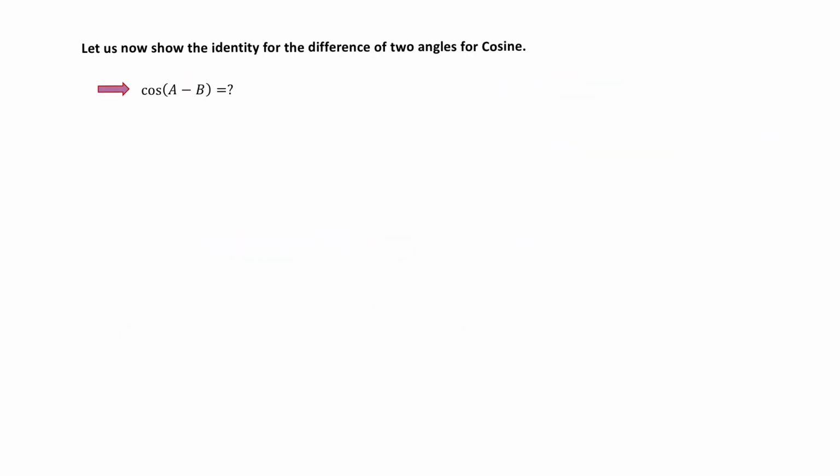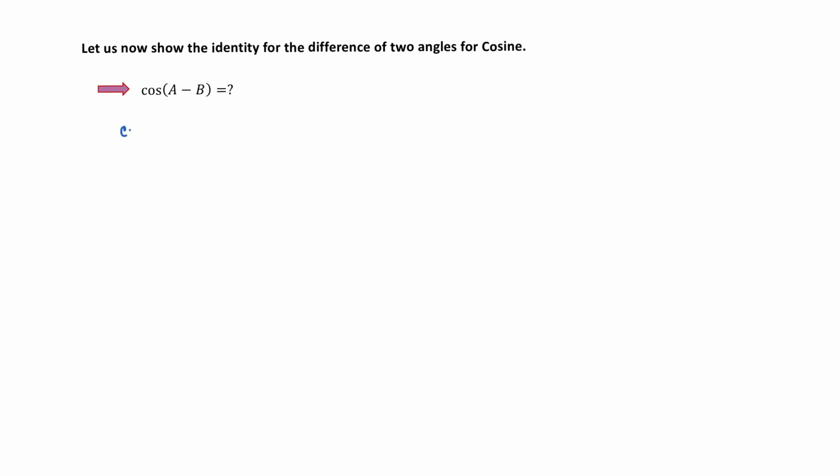Now that we have the identity for the cosine of A plus B, we can easily derive the identity for the cosine of A minus B. Again, we are going to re-express A minus B as a sum, just like we did in a previous video that I will also link in the description below.